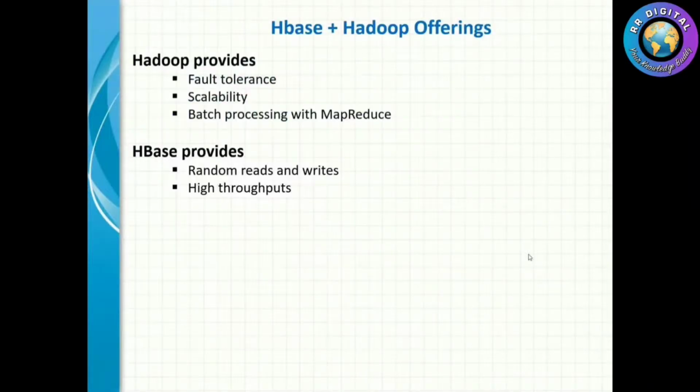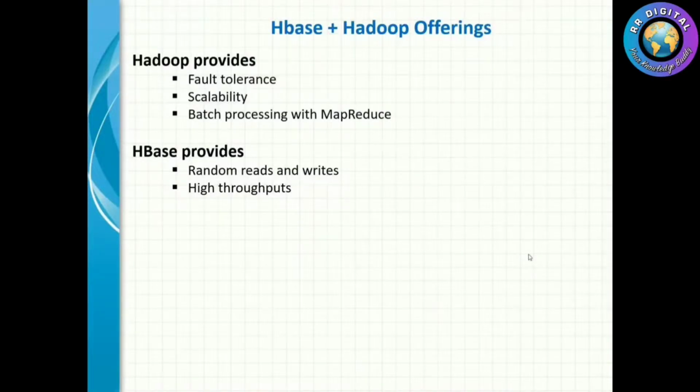Next concept, HBase plus Hadoop offerings. Hadoop offerings we already discussed when we started the HDFS module. We discussed fault tolerance and scalability, and in the backend how the mapper and the reducer are involved. And HBase will randomly read and write your data.